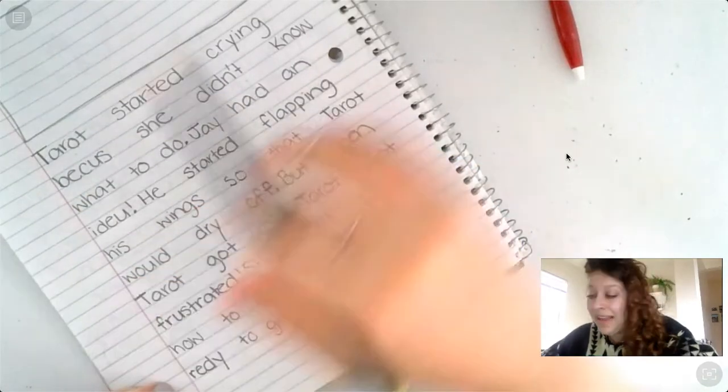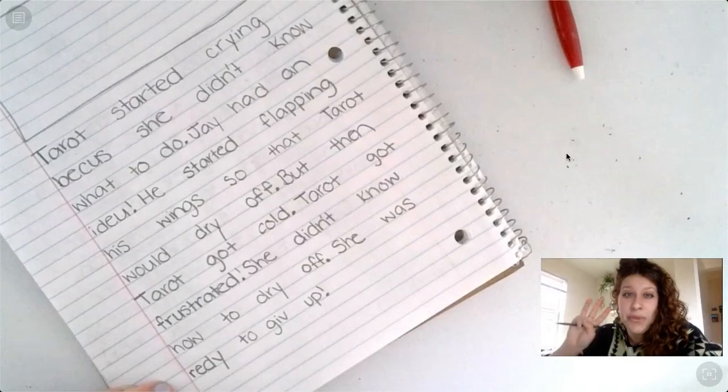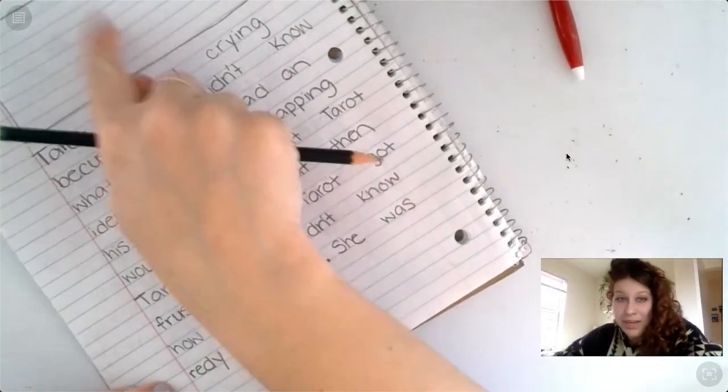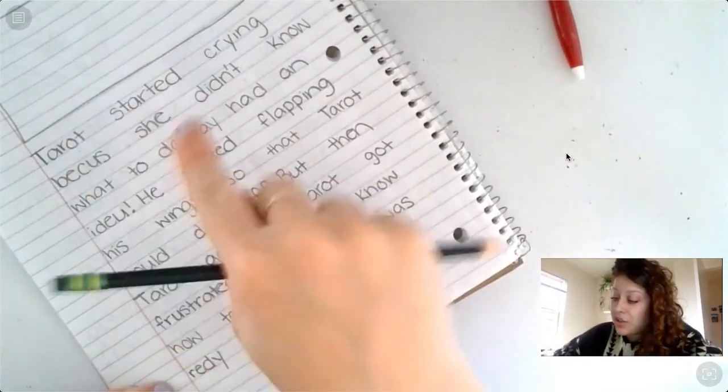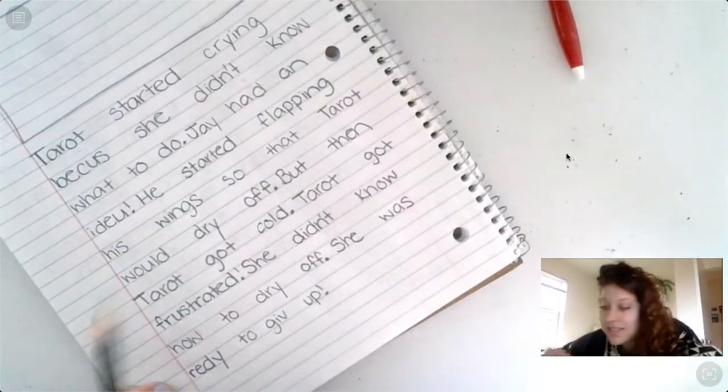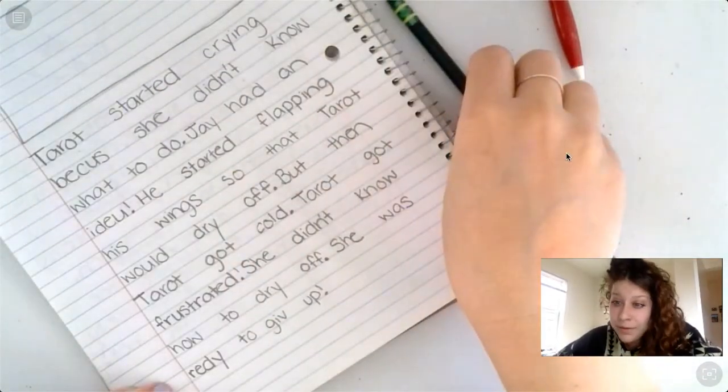So I have my beginning, I have my middle. The directions said I needed 3 sentences and a picture. I haven't added my picture yet, so I still need to do that. Let's read my sentences. So let's count them to see how many we have.